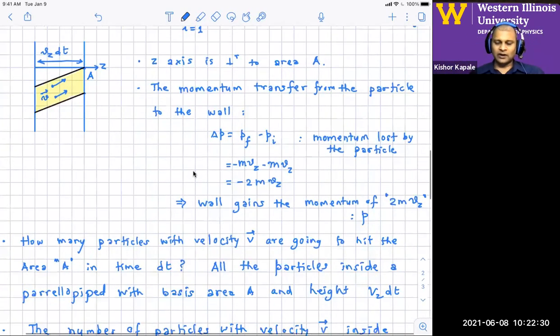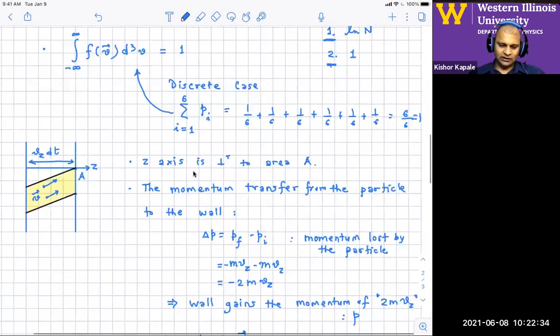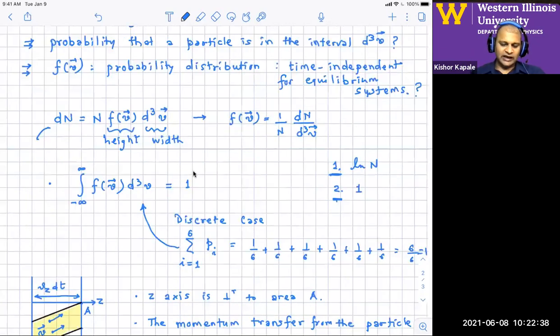So in your container, if you look at the earlier equation that we wrote down, this one here, dN is the number of particles with velocity v. Are you okay with that, Pradeep? That makes sense? The number of particles with velocity v, right? Now you don't want all of them. They are spread all over the container. We just need the ones that are lying inside that parallelepiped.